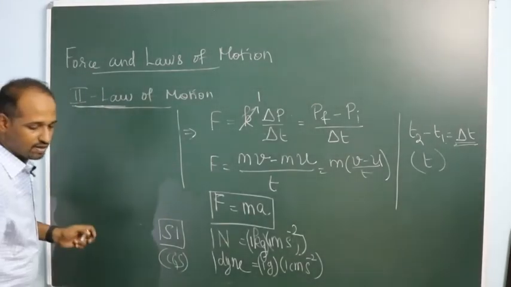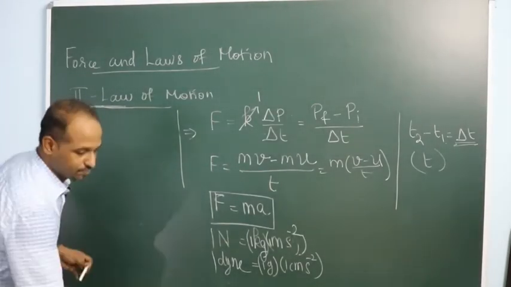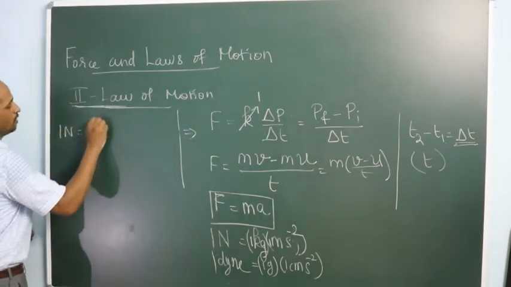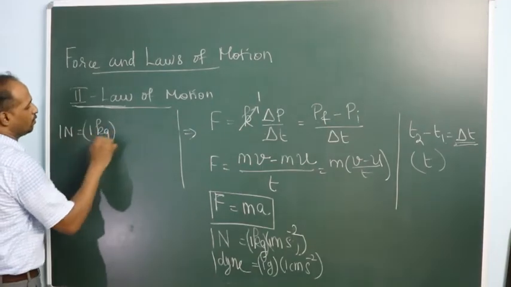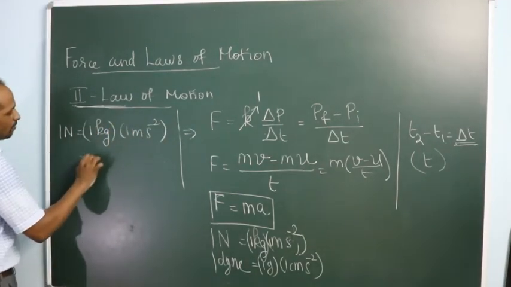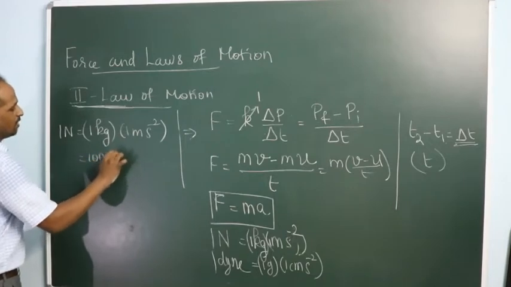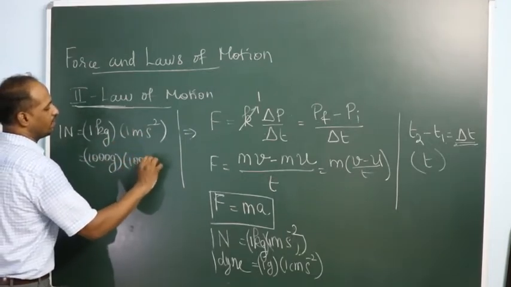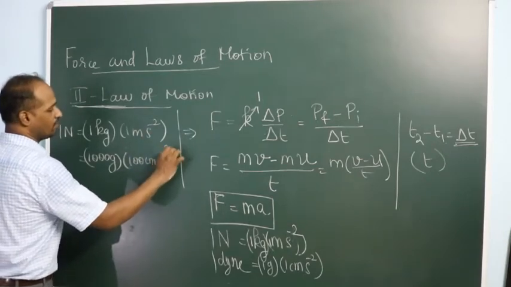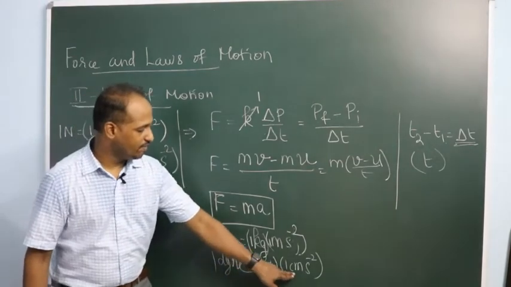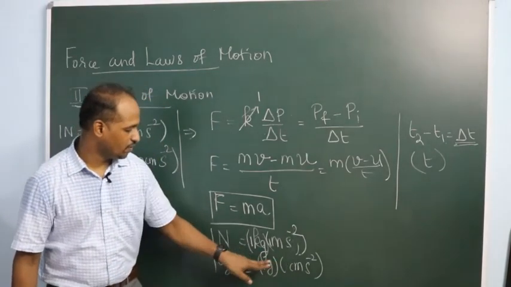So we will write it like this. 1 newton is 1 kilogram into 1 meter per second square. 1 kilogram means 1000 gram and 1 meter means 100 centimeter, and second power minus 2. Here we said 1 dyne is gram centimeter per second square, because 1 into 1 is 1.